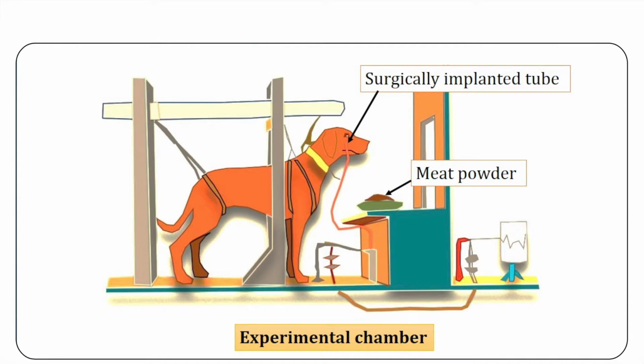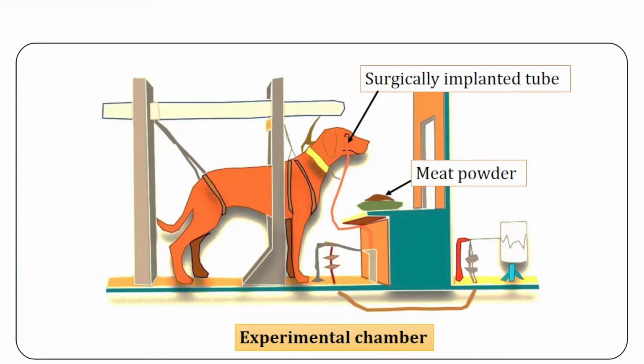While an accidental discovery, he had the foresight to see the importance of it. Pavlov's dogs, restrained in an experimental chamber, were presented with meat powder and they had their saliva collected via a surgically implanted tube in their saliva glands.